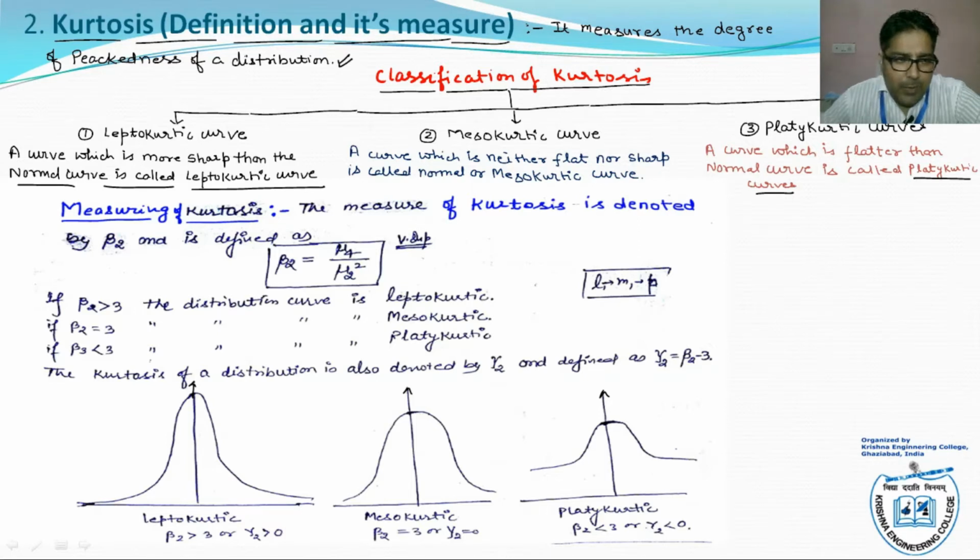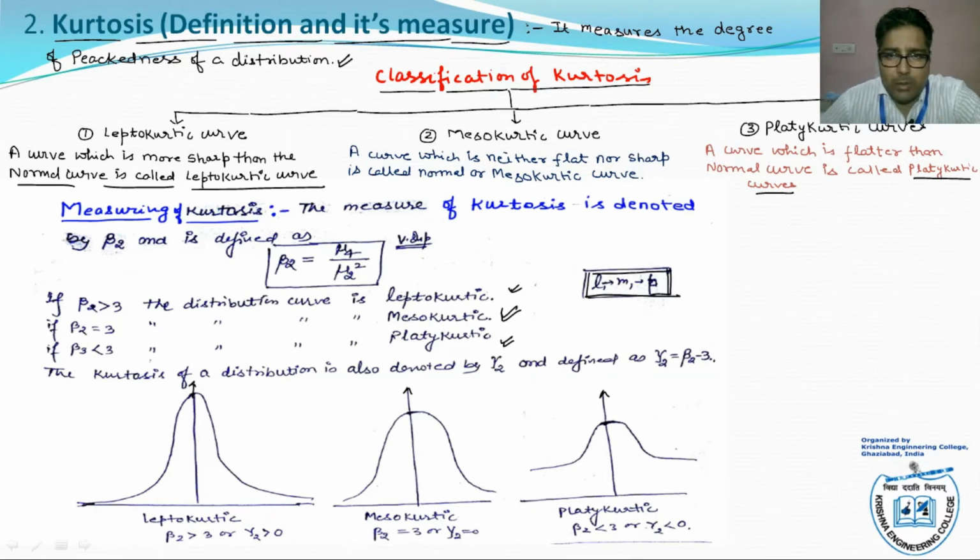If beta 2 is equal to 3, then the distribution curve is mesokurtic. And if beta 2 is less than 3, then the distribution curve is platykurtic. The kurtosis of the distribution is also denoted by gamma 2, and gamma 2 is equal to beta 2 minus 3.